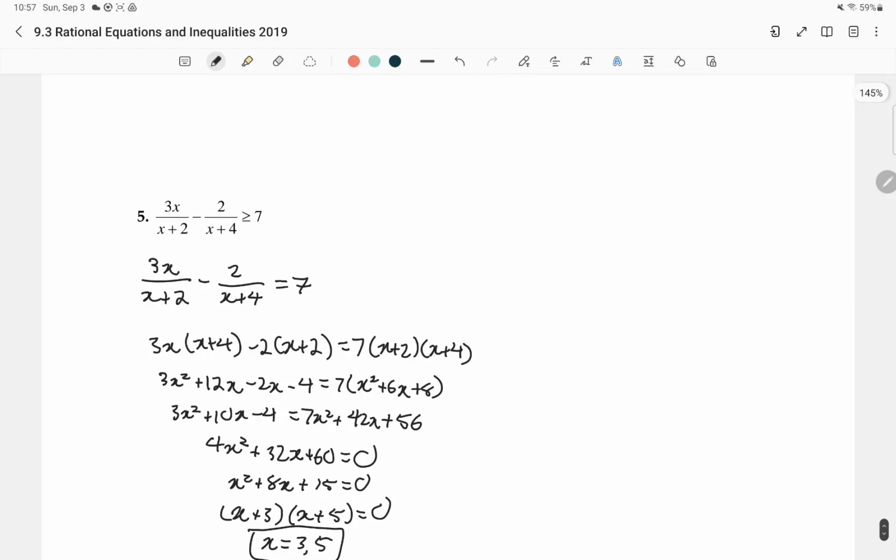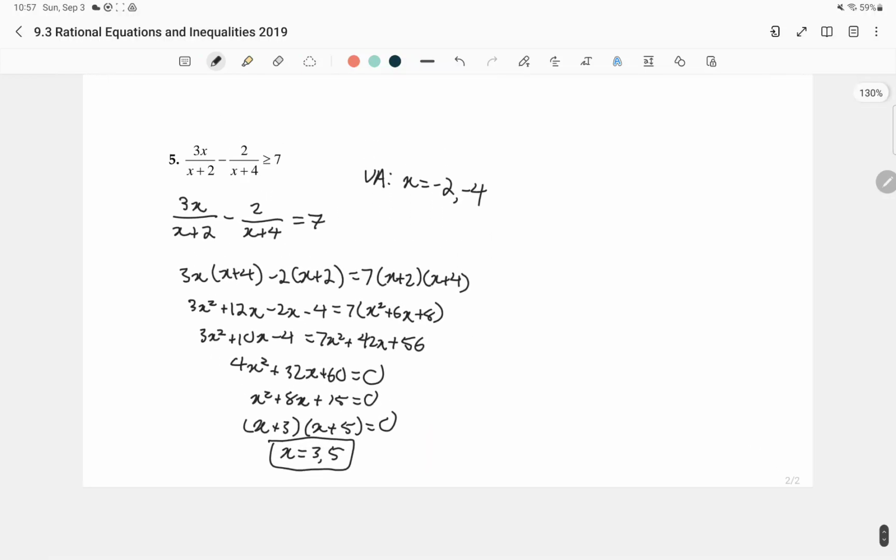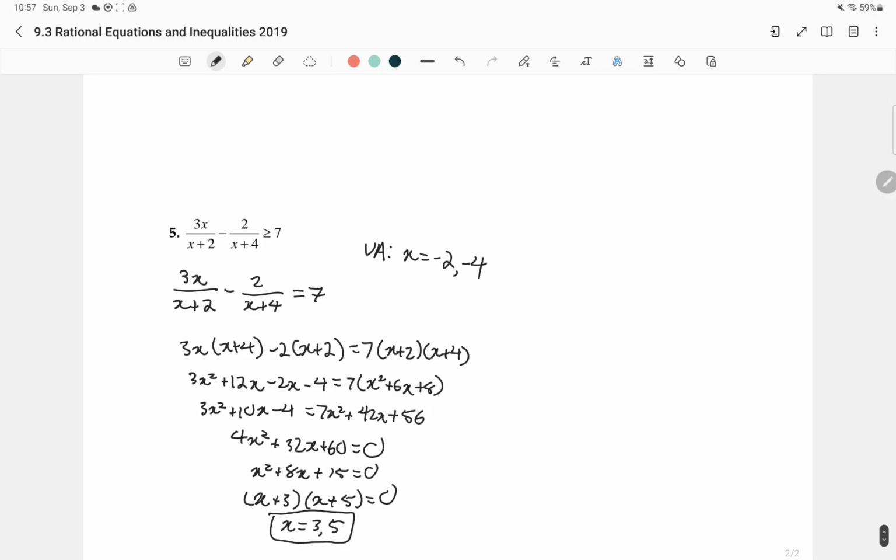Our 2 vertical asymptotes are going to be x equals -2 and -4. And now that we have all 4 of our critical points, we can start plotting. So I'm just going to use some of this space up here. This will be pretty big. Let me actually move these over.